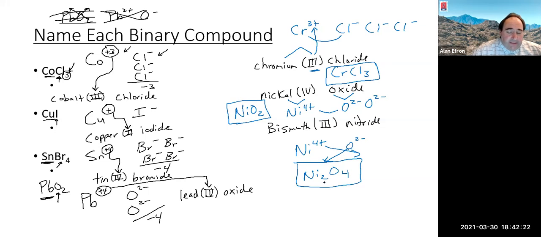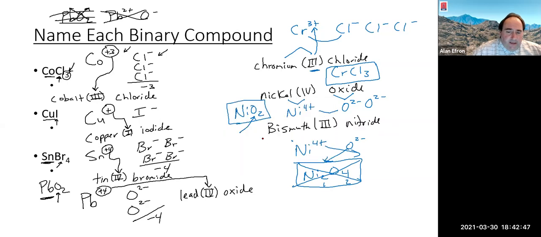You could reduce this down to 1 and 2, which is the right way of doing it. Because remember, these ionic compounds are empirical formulas, so you want the simplest way. Again, if you blindly did the crossover move, you would not get the right formula. Question on that there.